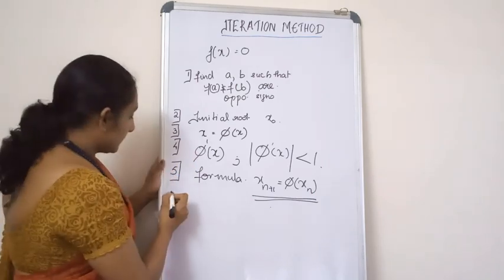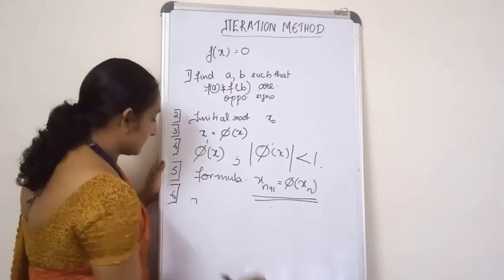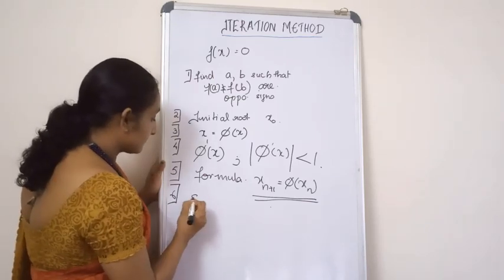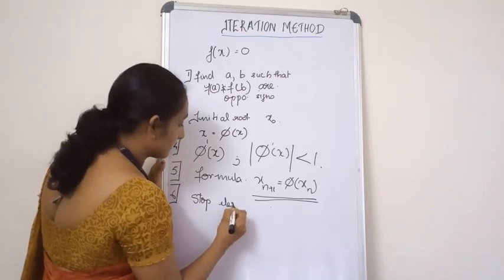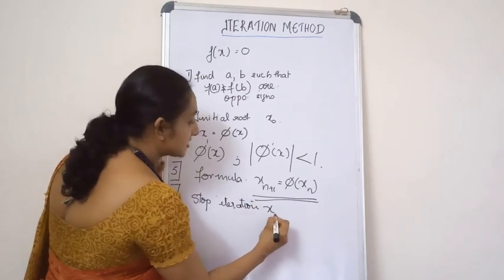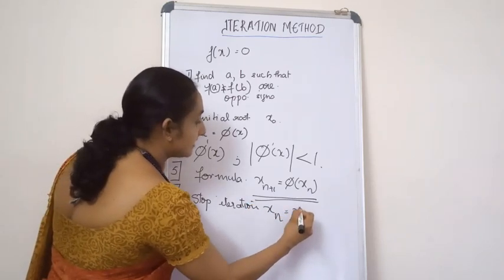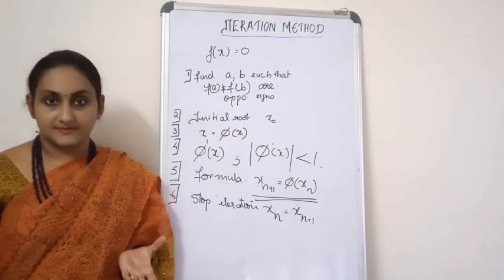Yes, so the sixth step is that you can stop your iteration when this condition is satisfied, that is, the value of x n and the value of x n plus 1.